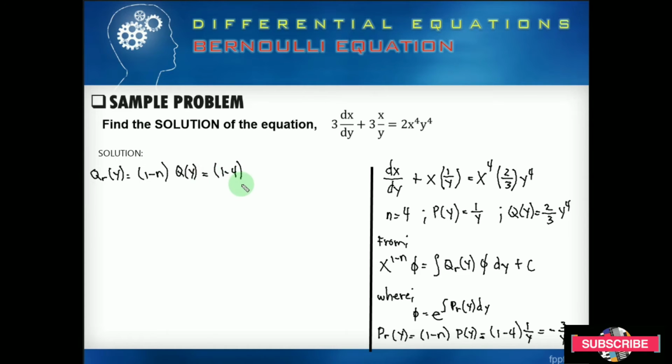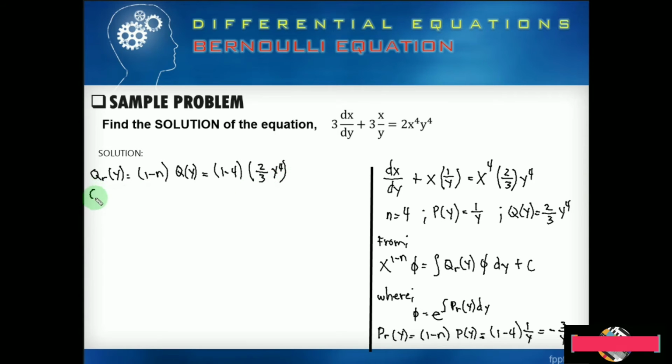At ang ating q as a function of your y is just equal now to this 2/3 times this y to the 4th, okay? So i-simplify natin to.